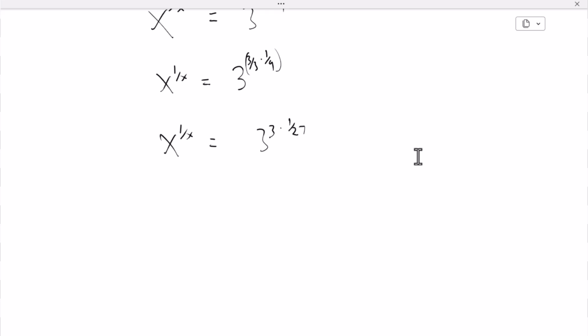Just simple math, multiply the numerators first and then the denominators. So we are going to have x to the power 1 on x to be equal to 3 raised to the power 3 all raised to the power 1 on 27.